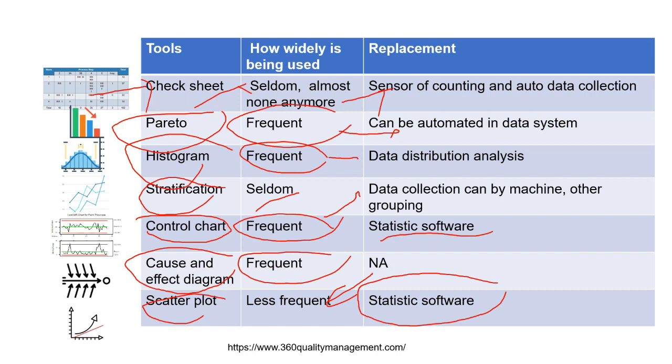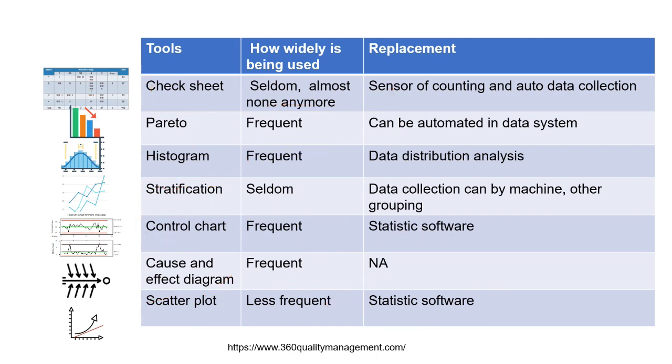From the list of the tools here, it seems that there are two tools that are not in use very much anymore. Therefore, it is also better to replace some of these tools with more current tools, such as 5 Whys, or more sophisticated tools such as DOE and ANOVA analysis, which give accurate insight into the data.